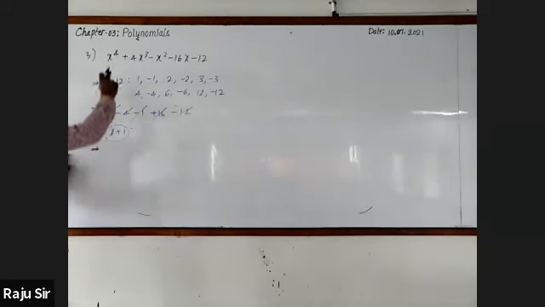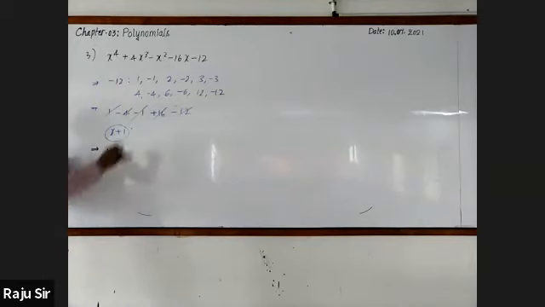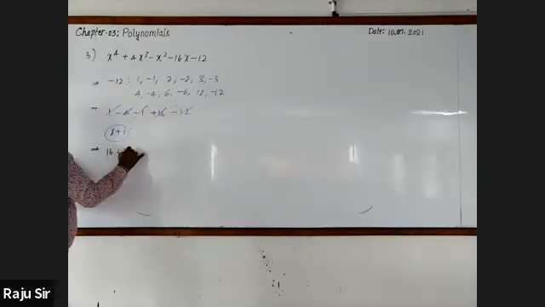I'm going to substitute 2 in place of x. 2 to the power 4 is 16. 2 cubed is 8, and 8 fours are 32.